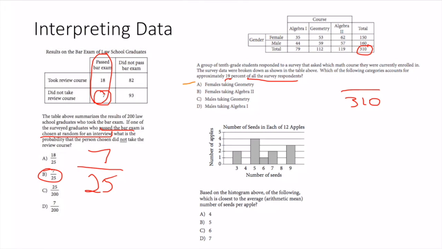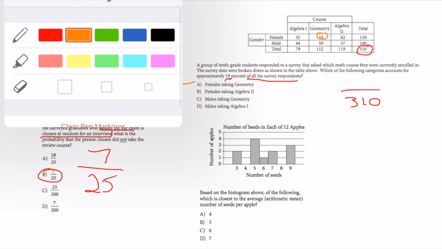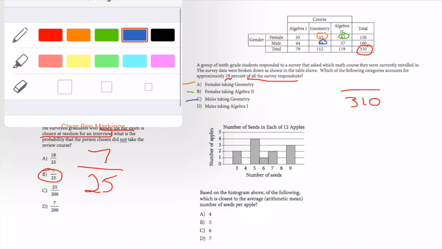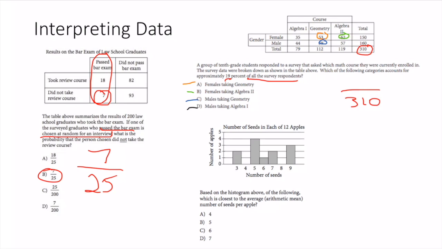So females taking geometry is 53. Females taking algebra 2 is 62. Males taking geometry is 59. And males taking algebra 1 is 44.